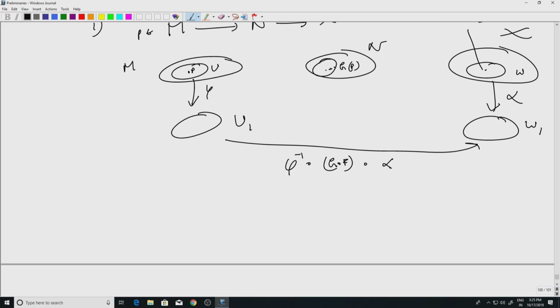So let me take any chart. I might have to modify it. For now, I'll just take some chart V around G of P and then a chart map C with respect to V1. U1, V1, W1 are all open subsets of appropriate Euclidean spaces.